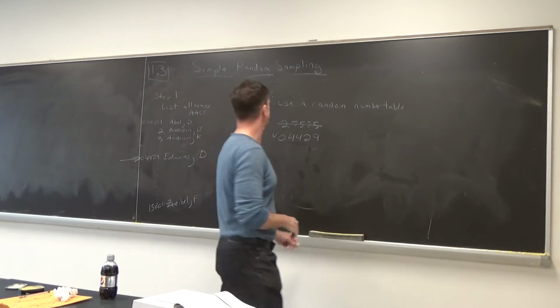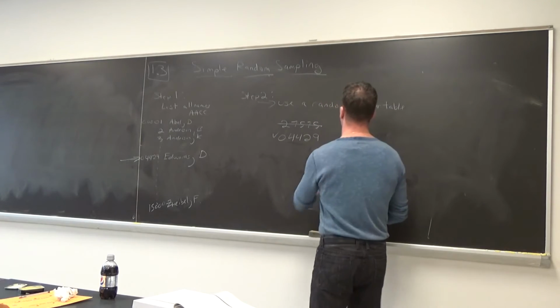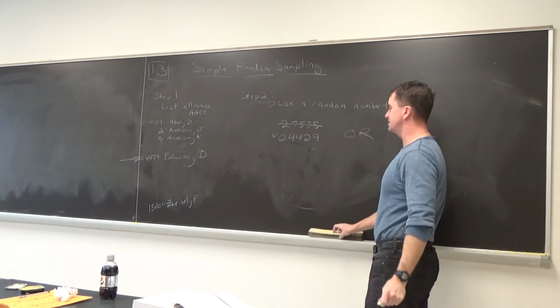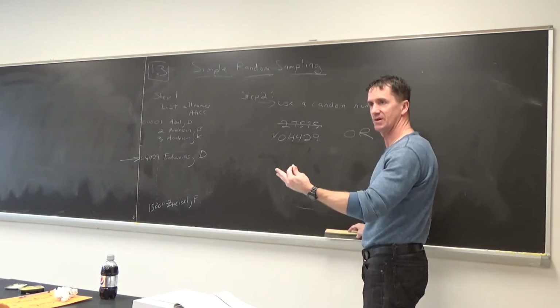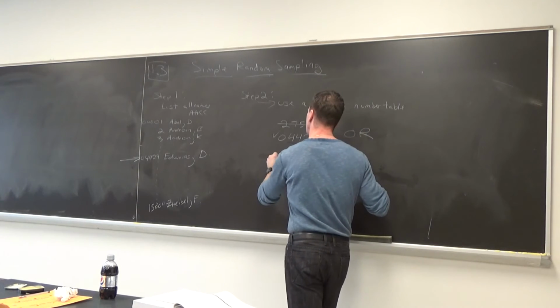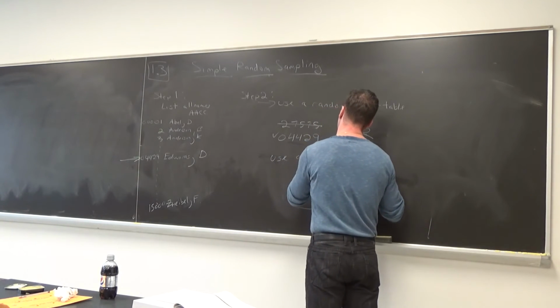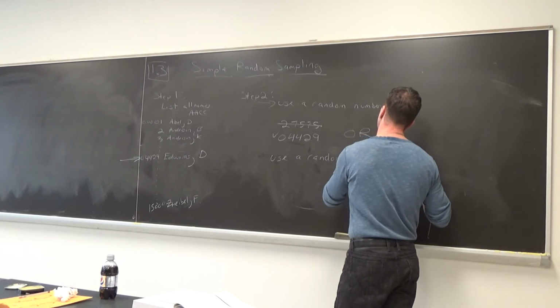Now, the good news is there is another way. Because it is the year 2016, and we do have technology, right? So you can also use a random number generator.